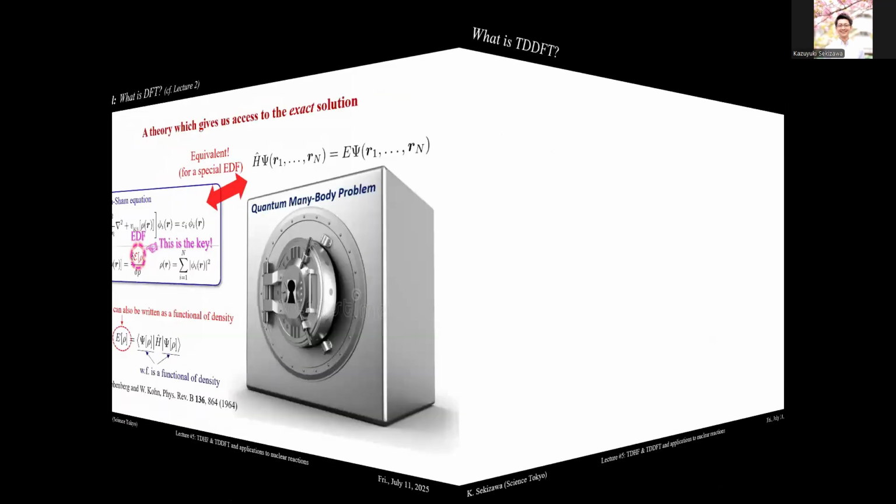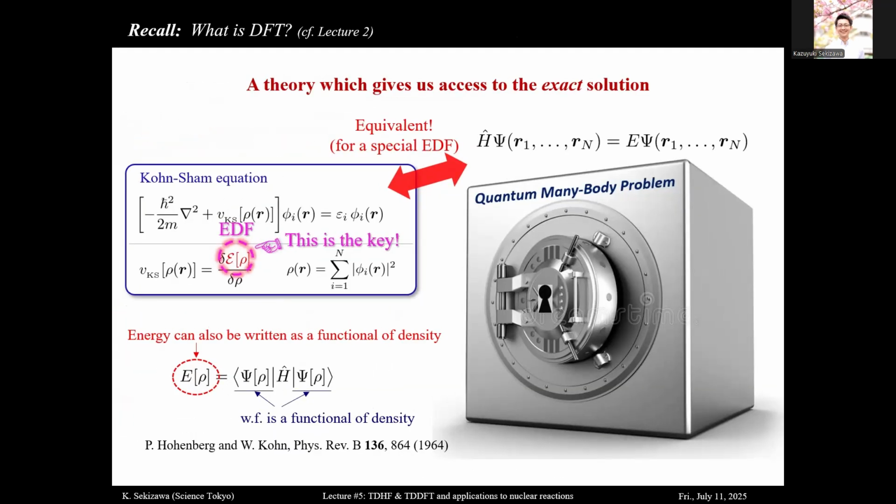Yeah, so this was the situation of density functional theory. And I explained the Hohenberg-Kohn theorem, which was actually a quite easy proof. And yeah, we could show the one-to-one correspondence between the external potential and the one-body density.